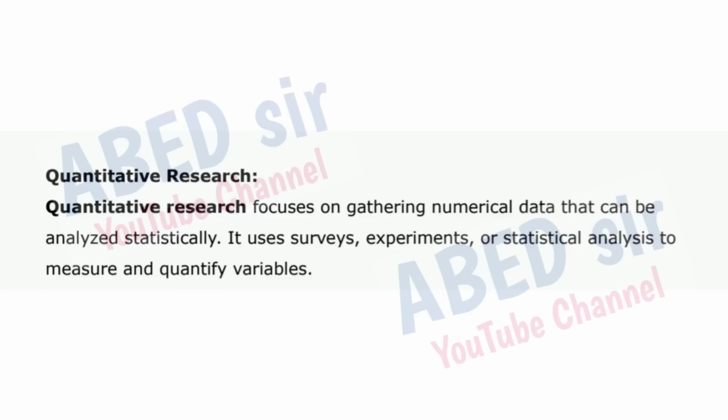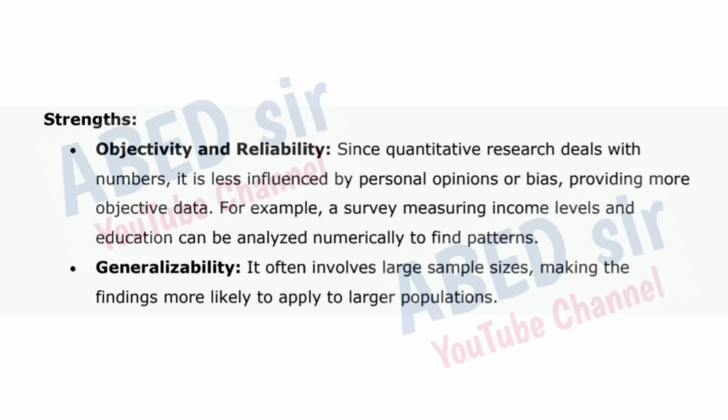Quantitative research. Quantitative research focuses on gathering numerical data that can be analyzed statistically. It uses surveys, experiments, or statistical analysis to measure and quantify variables. Strengths. Objectivity and reliability.